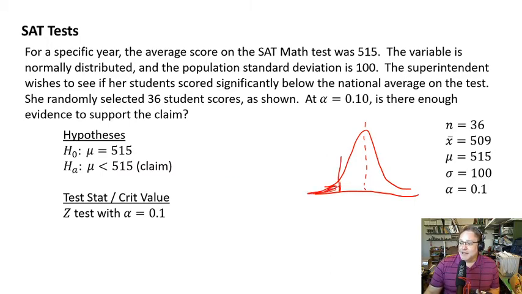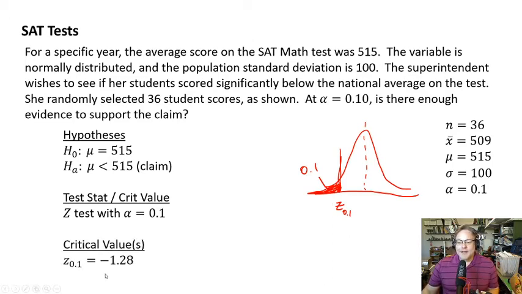So the test is going to be specifically over here. Here's our z-value. And it's going to be such that the area in this tail is the entirety of this alpha value, which is 0.1. So we're looking for the z-value where 10% of the data is to the left. Okay, so our critical value for that is negative 1.28.